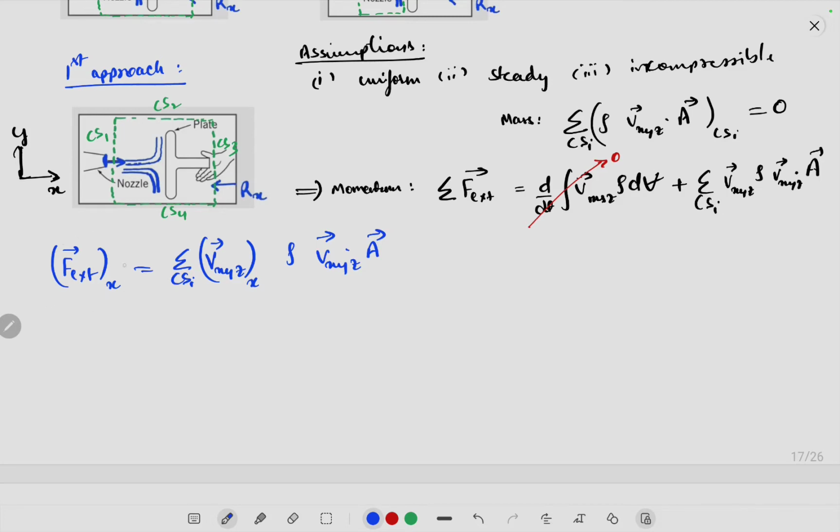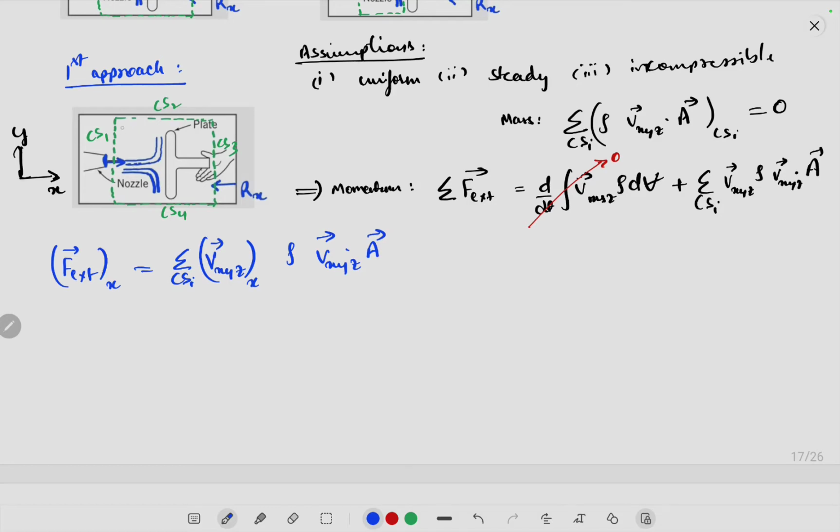now consider this F external along x-axis. So what is the external force along x-axis for this control volume CV? What is that? Now you may say that, oh, the system is only fluid and the force is being applied on this plate, so why are you considering F external to be Rx? It should be the force on the fluid and not on the plate.